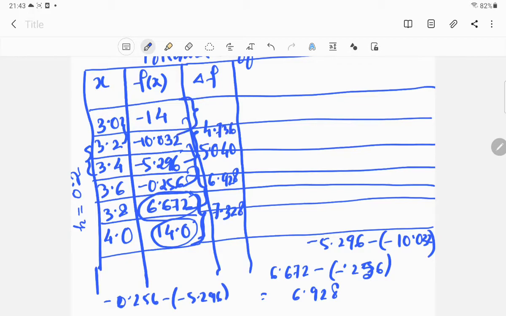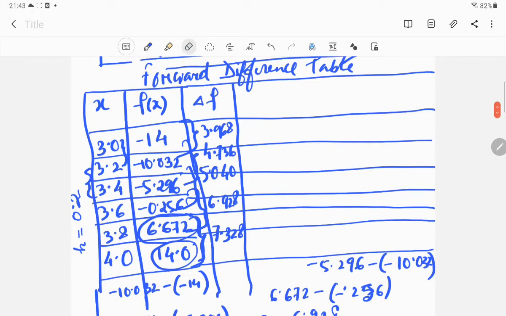Then the gap between these two is minus 10.032 minus minus 14. This will be minus plus, so it will be around 3.968. I hope it is a little bit easier for you.